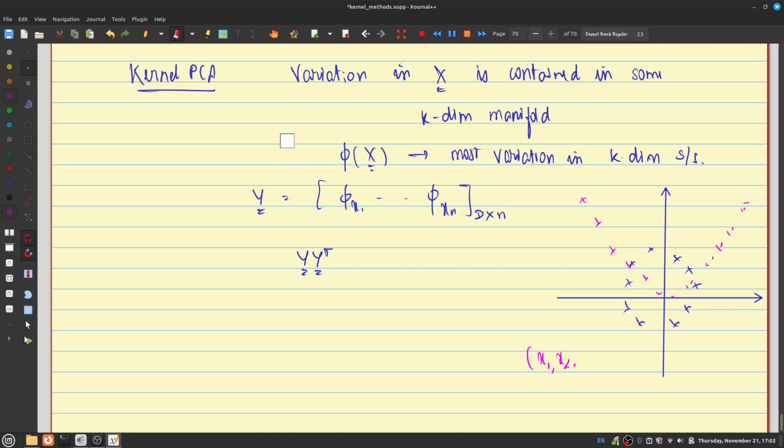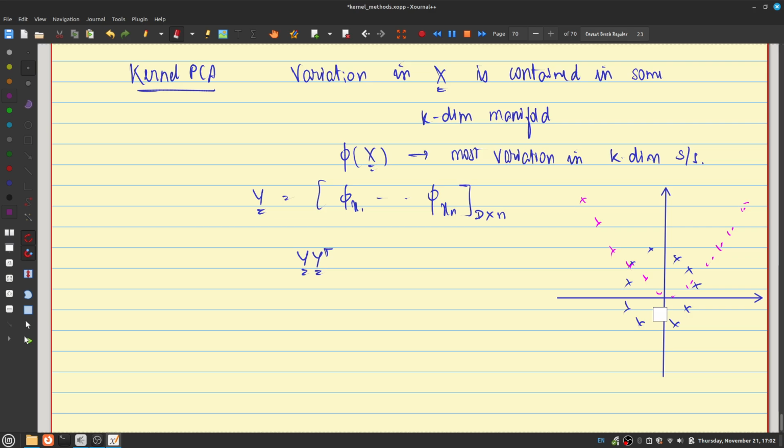Let me put that example aside. But maybe it's possible to map this into a higher dimensional space such that all of these points lie along a line in that particular higher dimensional space.